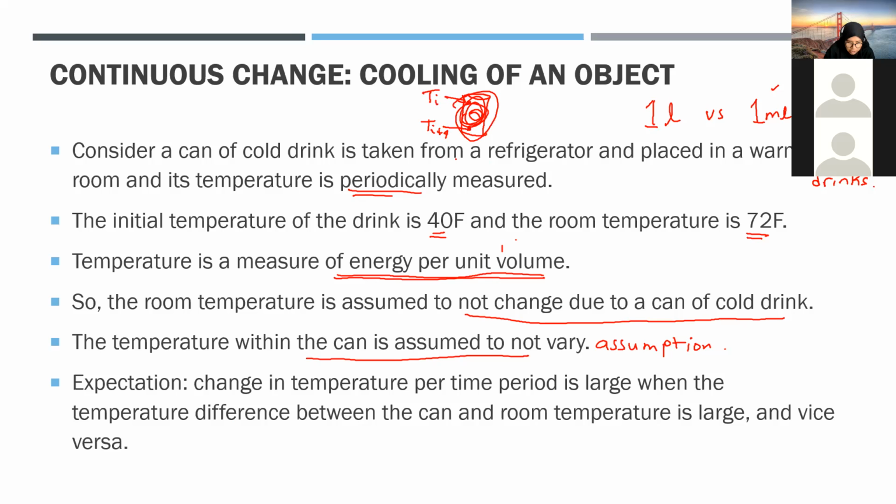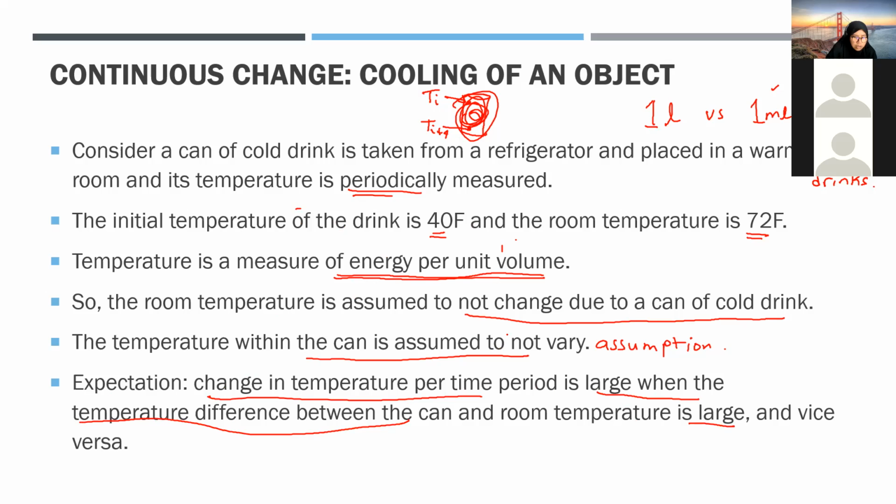And your expectation is that the change in temperature per time period is large when the temperature difference between the can and the room is large, and vice versa. So where is this from? This is from your observation or previous observation.